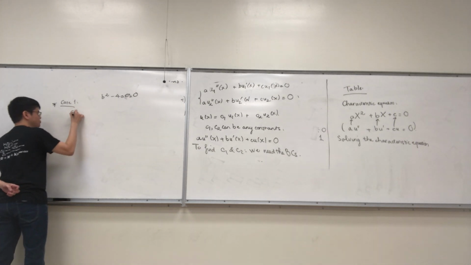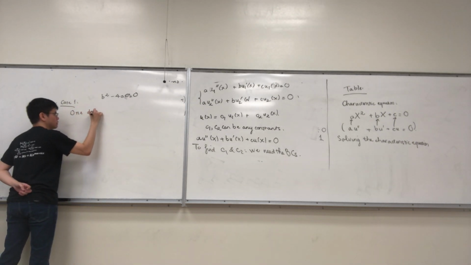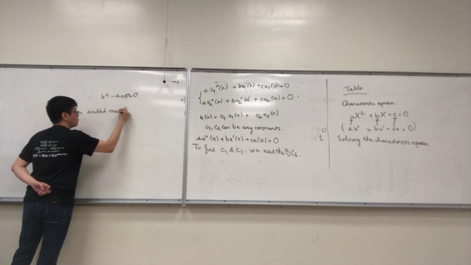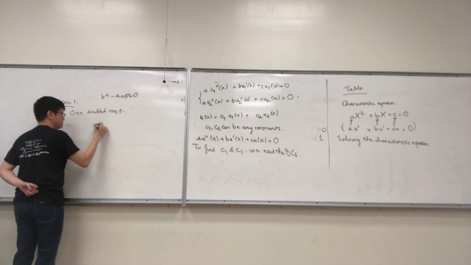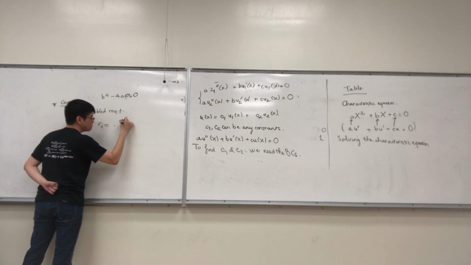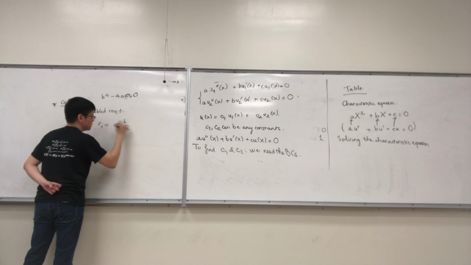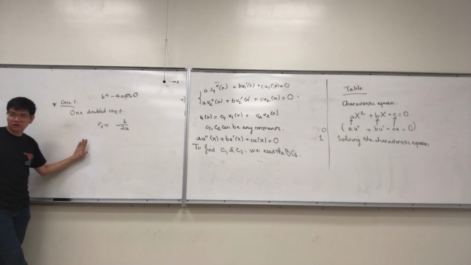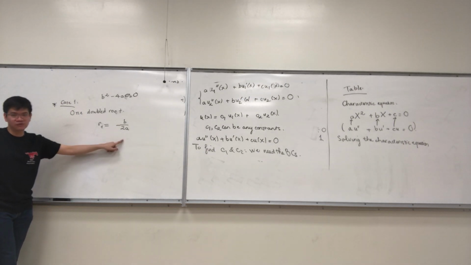One double root, which is r1 is minus b over 2a. All right. So in this case, you only have one double root, which is r1 is minus b over 2a.